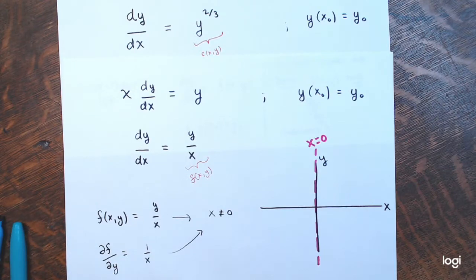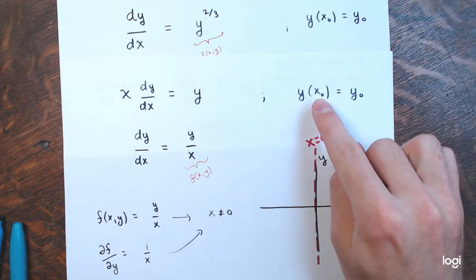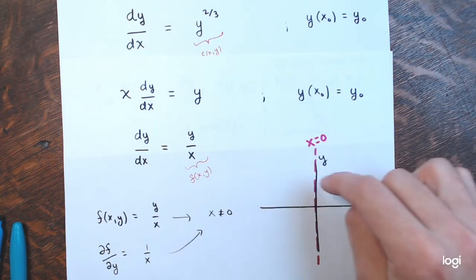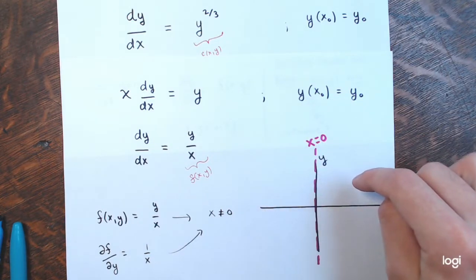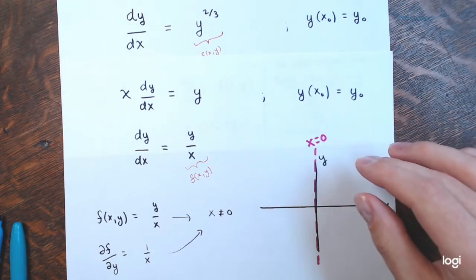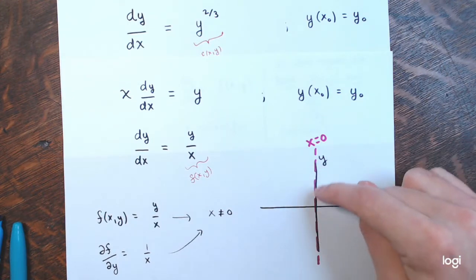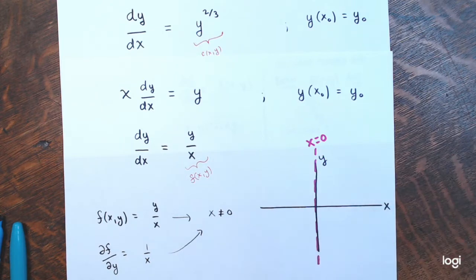So wherever the point mentioned by the initial condition is, as long as the rectangular region you use to guarantee a unique solution by this theorem doesn't include any piece of this vertical line x equals 0, you're fine.